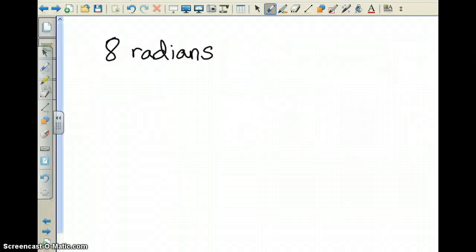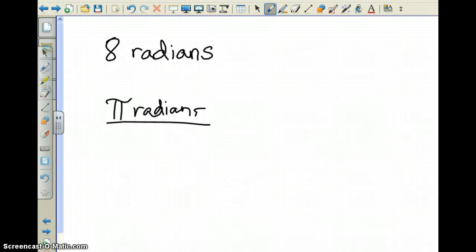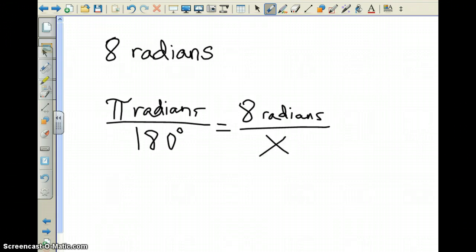Now let's go the other way. Now let's try changing radians into degrees. So if I'm given 8 radians, how many degrees is that? Well, let's start out with our ratio here, that pi radians is 180 degrees. So if I have 8 radians, I want to know how many degrees that is. And again, I'm just going to cross multiply here.